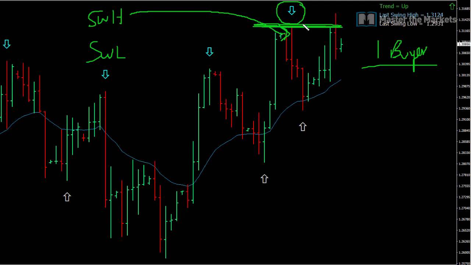Because there's no demand coming into the market for buying any higher, price then drops from that point.